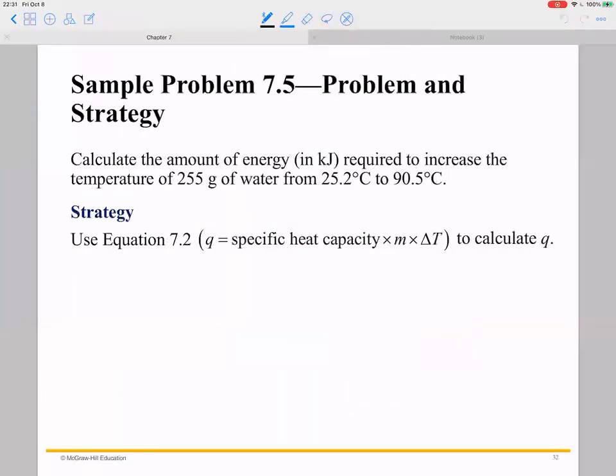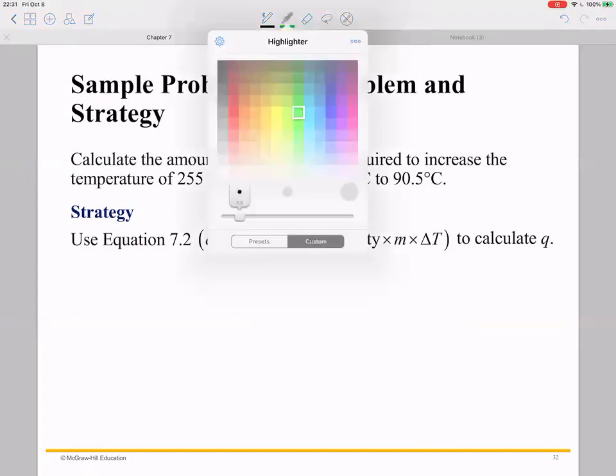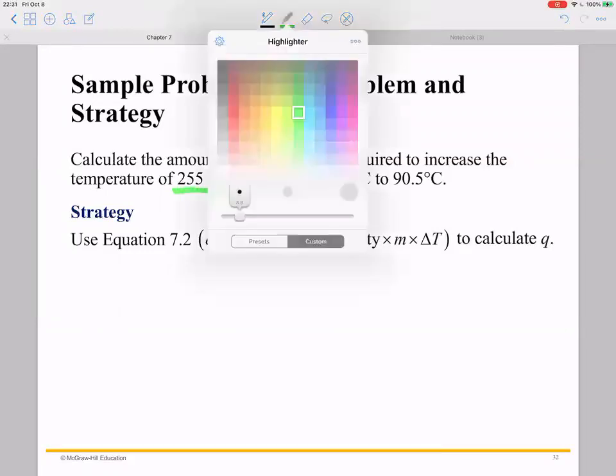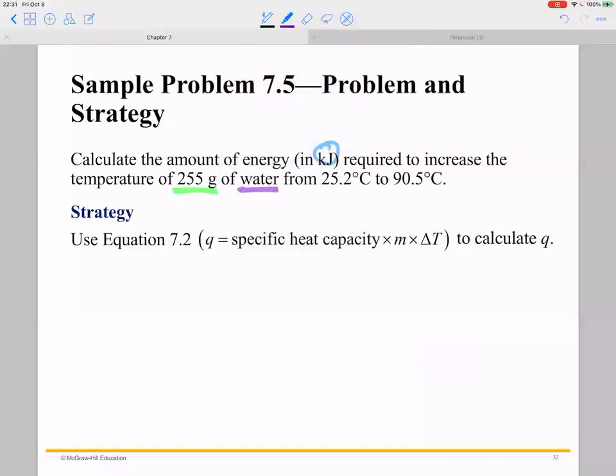All right, so let's use this equation in a sample problem here. So we're going to find the amount of energy, and actually it wants it in kilojoules, so we'll have to keep that in mind, that's required to increase the temperature of 225 grams of water from 25.2 degrees Celsius to 90.5 degrees Celsius.